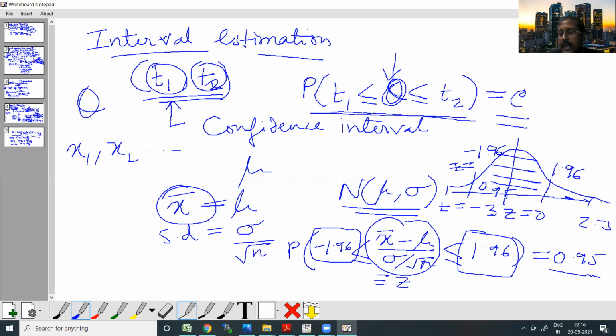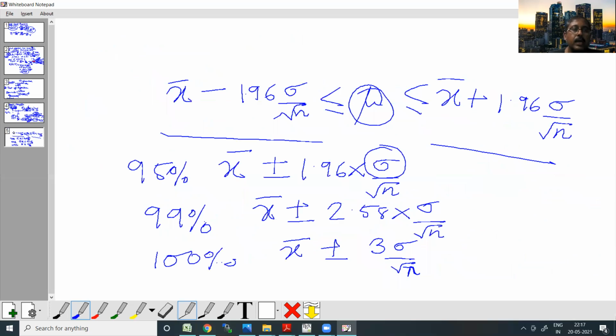There will be some tapering which takes a very small residual area, but that is negligible. The portion within z equal to minus 3 and plus 3 is almost 100% of the area under the curve. This is very important in statistical quality control also.